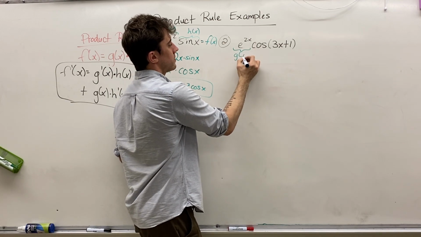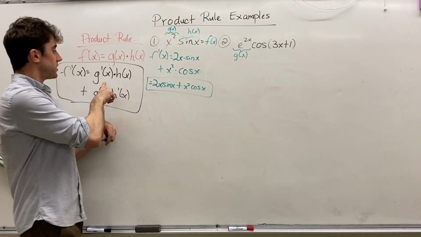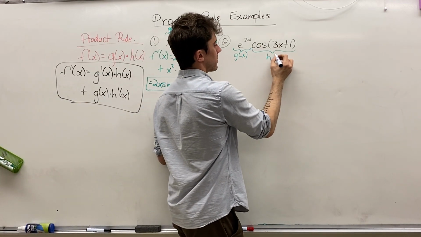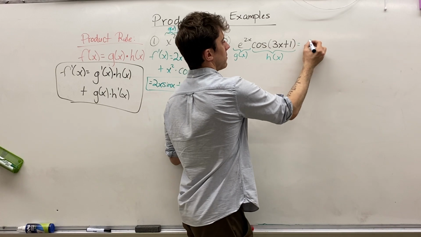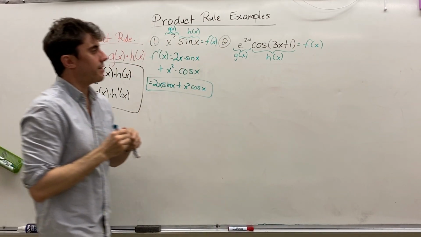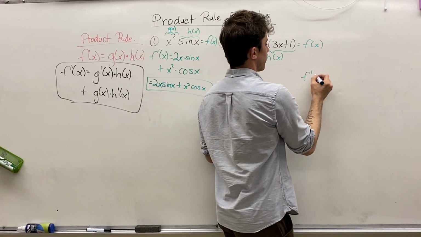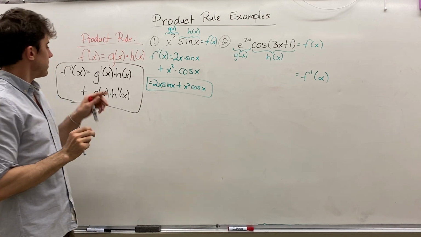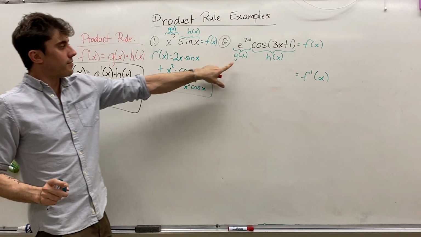Okay, that's it. So for number two, let's again take the time to break them up. Let's say this e to the 2x will act as our g of x, and cos of 3x plus 1 will act as our h of x. And let's call this entire function f of x. Then, if we take the derivative, f prime of x, we'll have g prime of x, that is the derivative of the first bit.